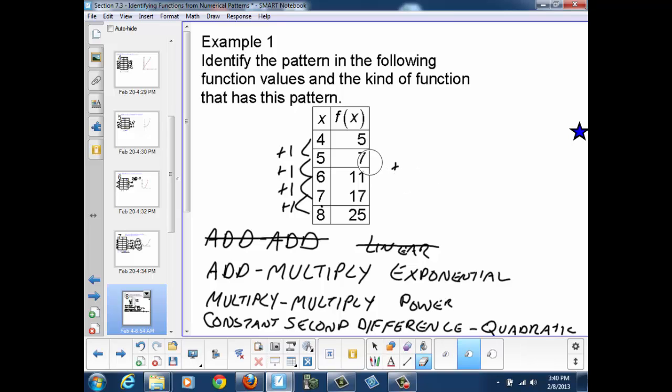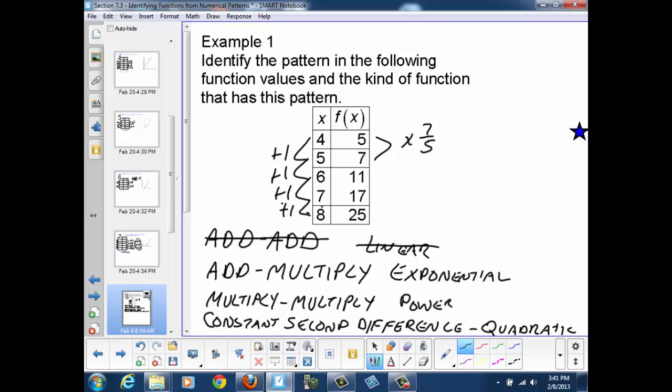Let's try another pattern. Add, multiply. Actually, I could have left the ones over here on the left. Now, to get from 5 to 7, I would have to multiply by 7 over 5. If I multiply 5 by 7 over 5, I get 7.